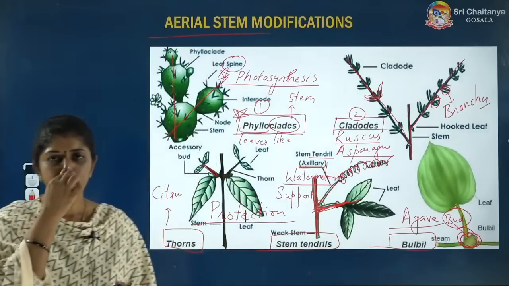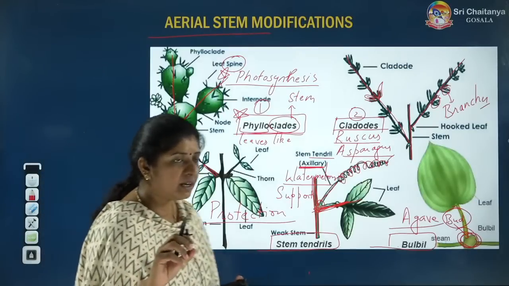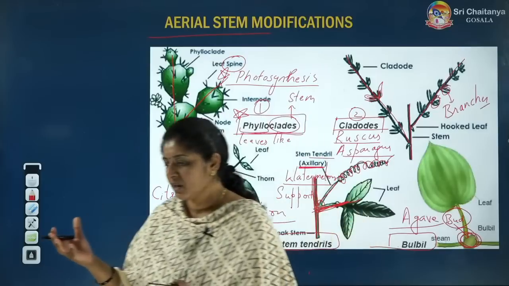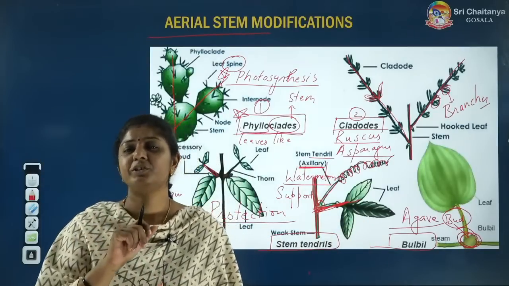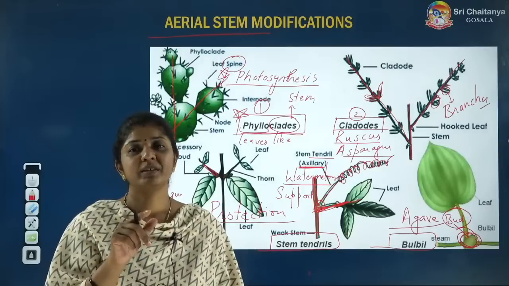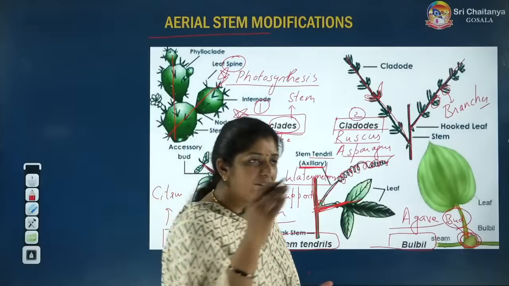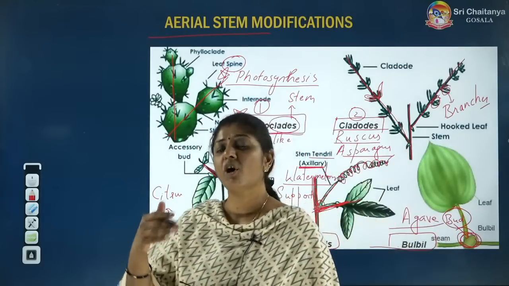Fine? Okay. Now let's recapitulate some points. Think in your mind. If I am asking potato, stem or root modification? It will be stem modification, number 1. Number 2, will it be underground or subaerial or aerial?